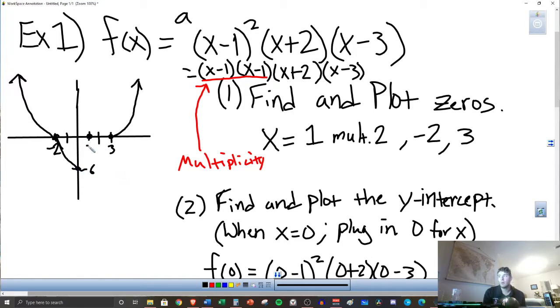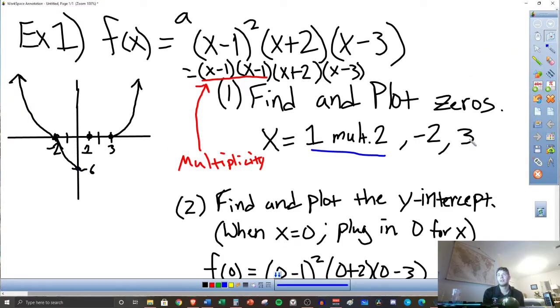Then what's the next point? Well, the 1 right here, okay? And what do I know about that 1? Well, it is a multiplicity from right here. It's a multiplicity, so that means it's just going to touch the graph. It's not going to go all the way through, but it's just going to touch and bounce back the direction it came. So I'm going to go up, bounce off, and that brings us back down the other way, okay?